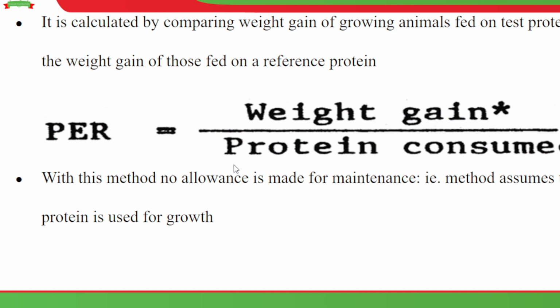Then there is the protein efficiency ratio, and this is calculated by comparing the weight gain of growing animals fed on a test protein with the weight gain of those fed on a reference protein. If you look at this, we are still going to use the eggs and beans example: you have one animal you feed on beans, another animal you feed on eggs.